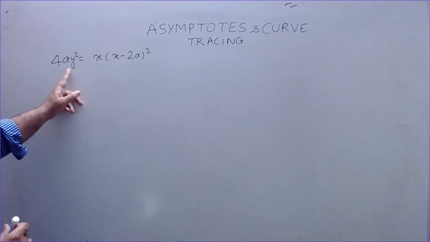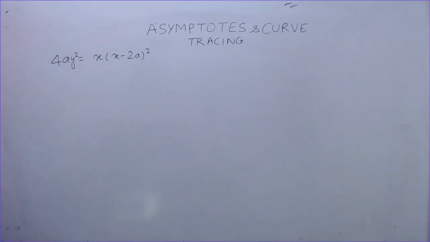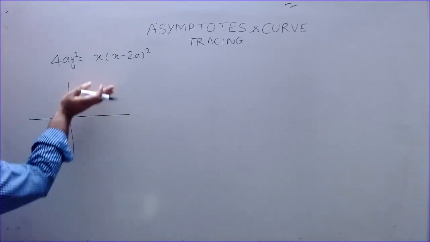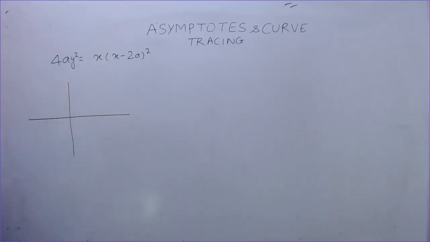All powers of y are even, so it is symmetrical about the x-axis. Half on this side, half on this side. Now see whether it passes through the origin or not. It is not having constant terms, so yes, it is passing through the origin.